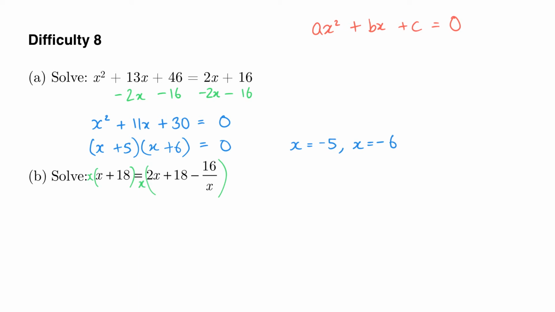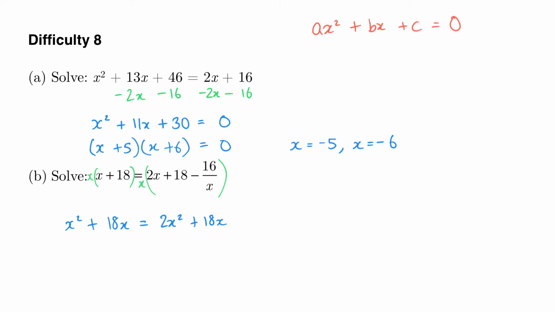So what does that give me? Well, x multiplied by (x plus 18), this is just expanding brackets now. We would have x squared plus 18x. That's our left-hand side. Let's think about the right-hand side now. x multiplied by 2x would give us 2x squared. x multiplied by 18, positive 18 there, would give us the plus 18x.